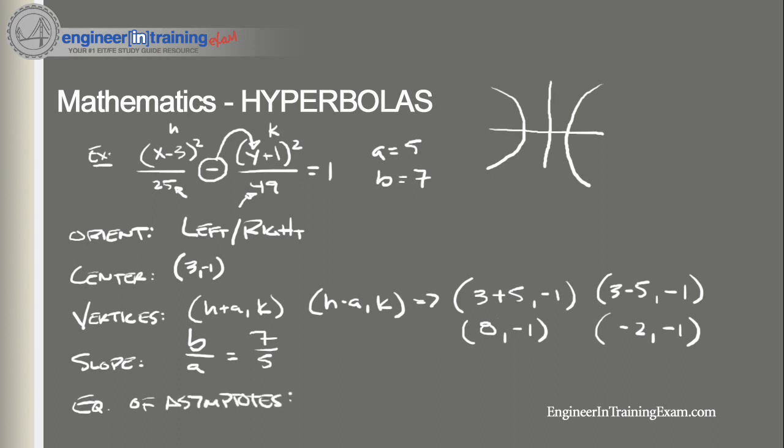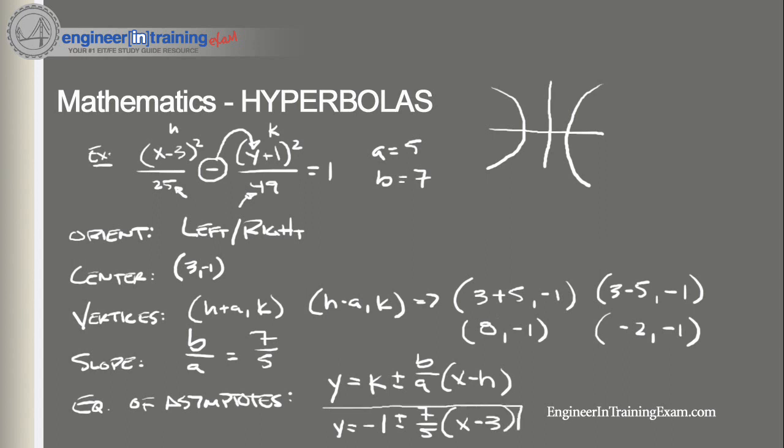We know the general form of the equation for the asymptotes is y is equal to k plus or minus b over a, x minus h. And so the equation is going to be y is equal to k, which is minus 1, plus or minus 7/5 times x minus 3. So that's it right there.